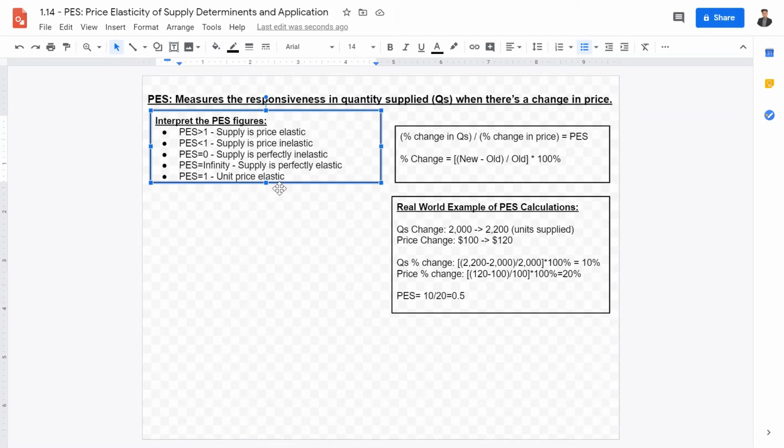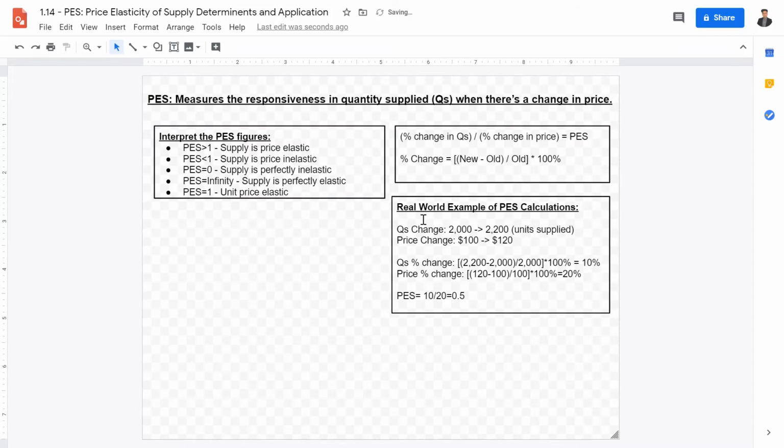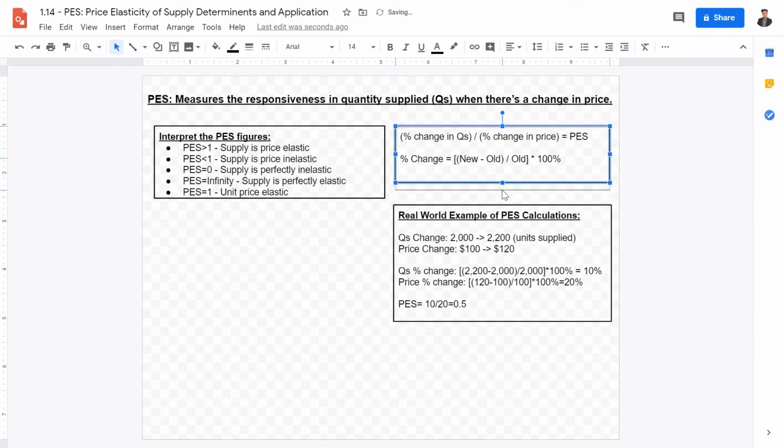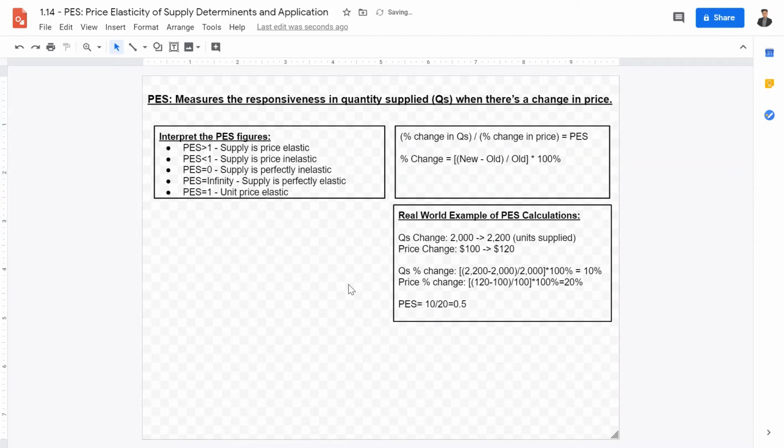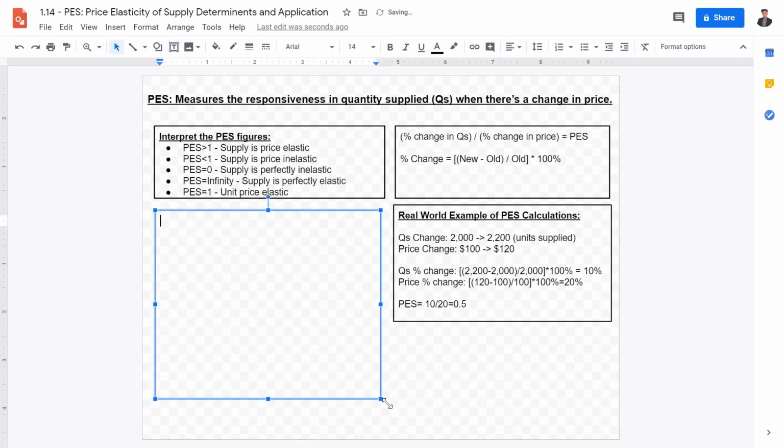So this is what the interpretations of the PES figures are, which is rather important, because not only do you have to be able to calculate the PES figures, you also have to be able to explain what they mean.